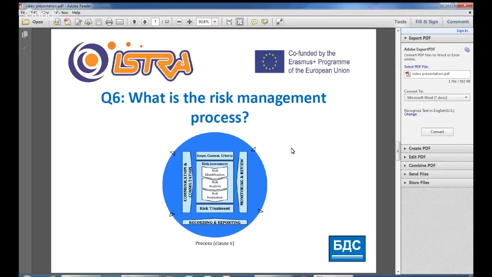Risk evaluation. At this step, we are deciding whether a risk is acceptable or needs treatment. The evaluation involves comparing the level of risk with risk criteria which were defined during the first step.